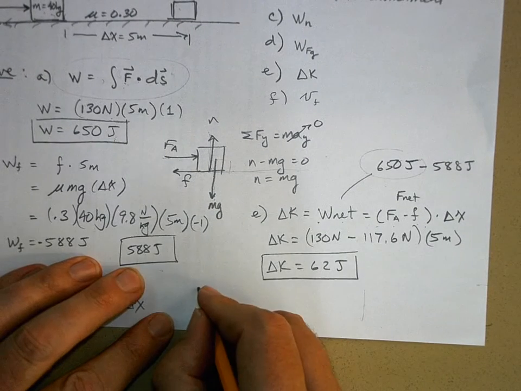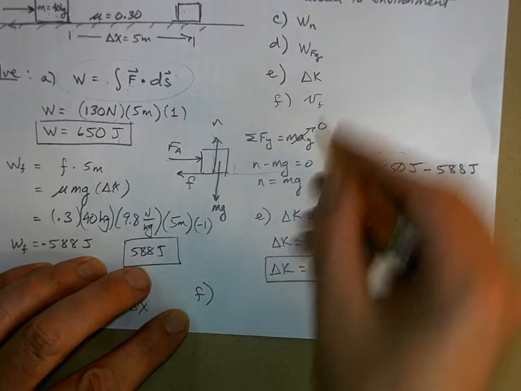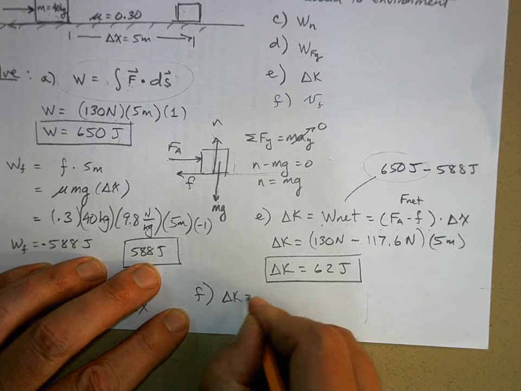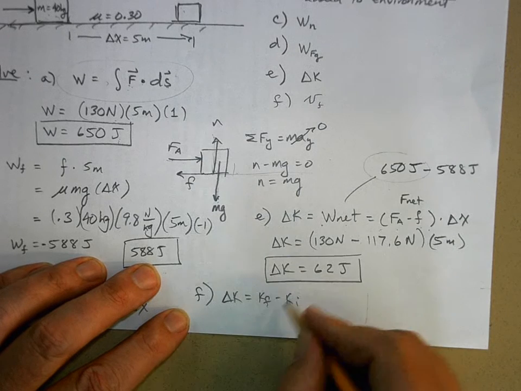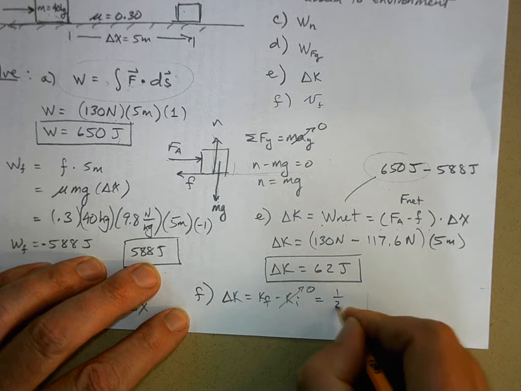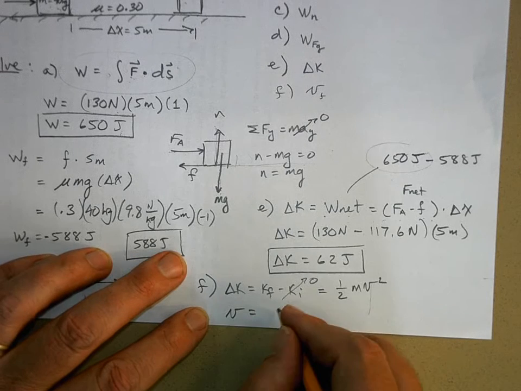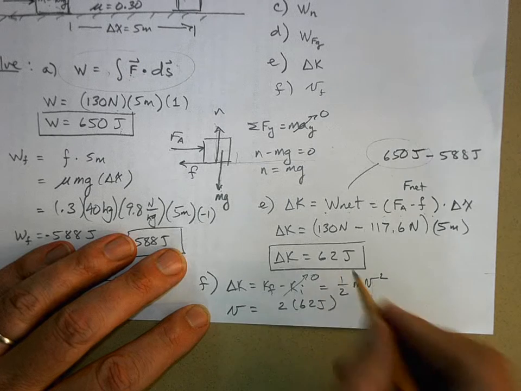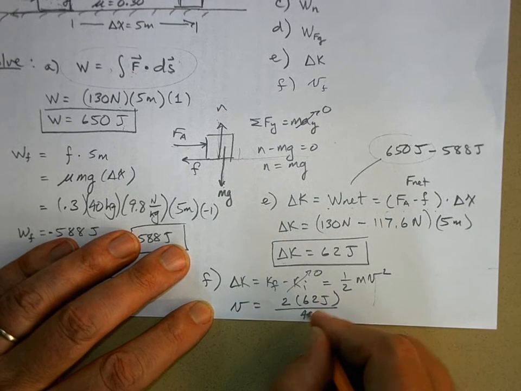All right. And for part F, well, delta K, we want to know the final velocity. So delta K equals K final minus K initial. Well, K initial is 0 because it was given to be at rest. So that's equal to 1/2 mv squared. So the final velocity is going to be 2 times 62 joules, my delta K, divided by the mass, which is 40 kilograms.